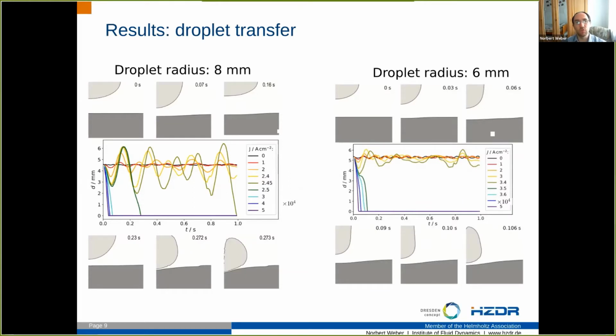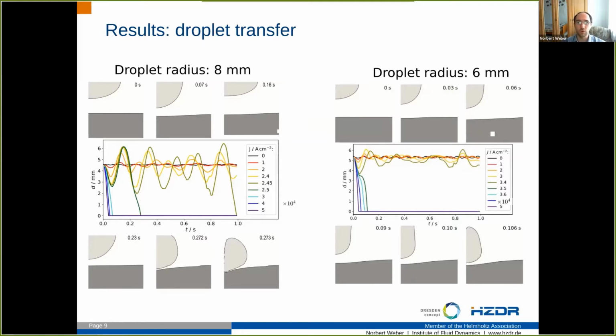Gravity simply is moving the droplet to the top. But if we have a Lorentz force, or a current, then most of this current will go through the droplet, simply because this lithium has a very high electric conductivity. The conductivity of the lithium is 10,000 times higher than that of the molten salt.